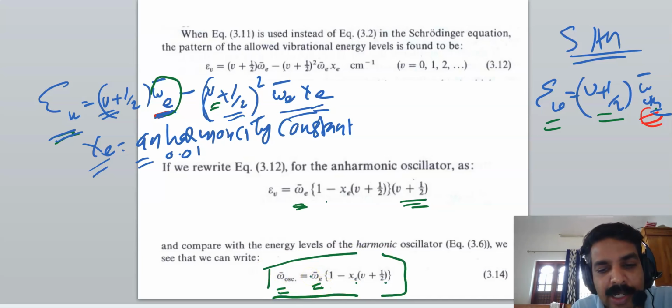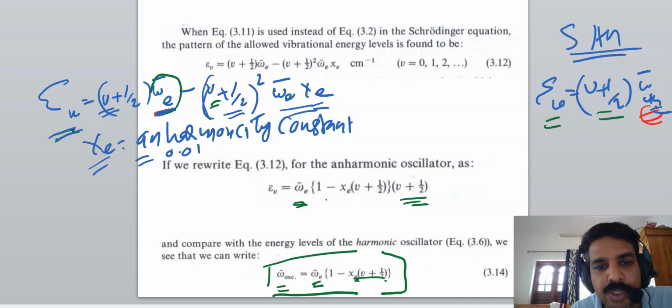That is, omega bar oscillation is less than omega bar e, and the difference increases with increasing value of v. Are you clear? That's the relation between omega bar e and omega bar oscillation.